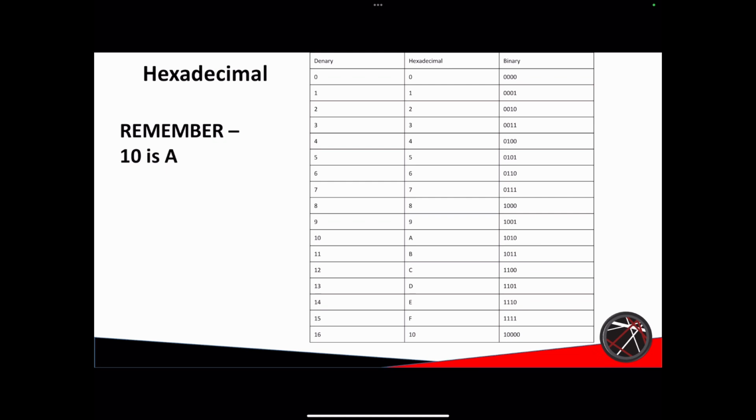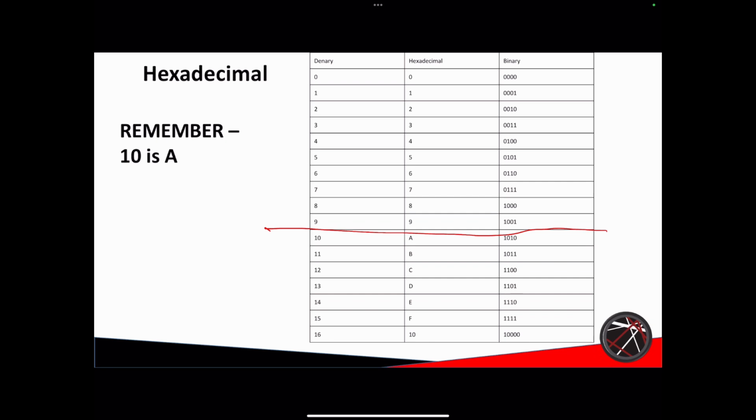Okay, last thing I just want to talk about is using hexadecimal. So the thing to note with hexadecimal is here, at this line here, that all the numbers in denary are the same as they are in hexadecimal. So 0 to 9 is exactly the same. The binaries are easy to work out because, again, they're just 9.